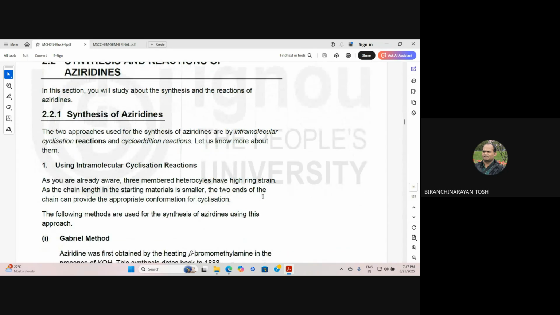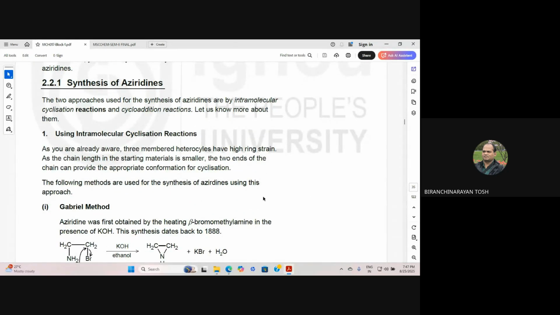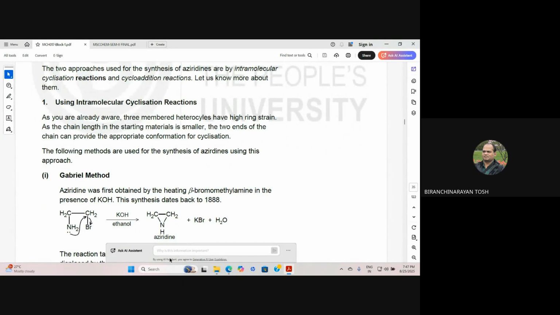In the intramolecular cyclization reaction, the 3-membered heterocyclics have high ring strain, as you know. When all three are carbon, all are single bonded carbon, so the carbon atom is sp3 hybridized, and the bond angle is 109.5 degree, the tetrahedral angle. But if you consider this as a planar structure, the bond angle is 60 degree.